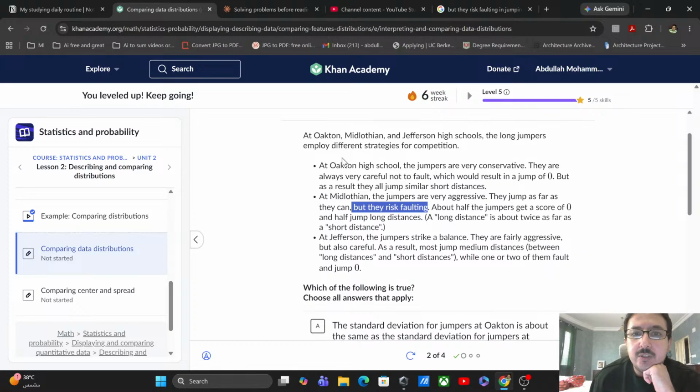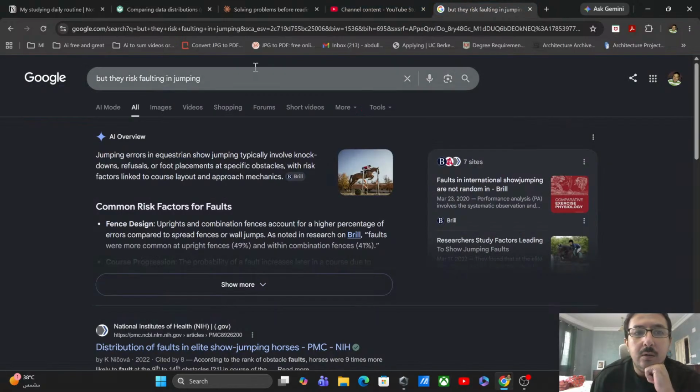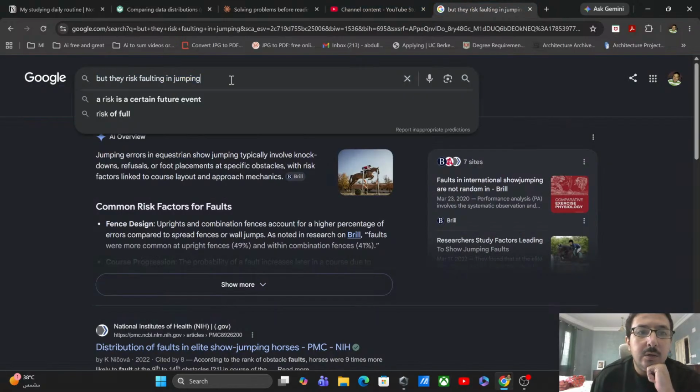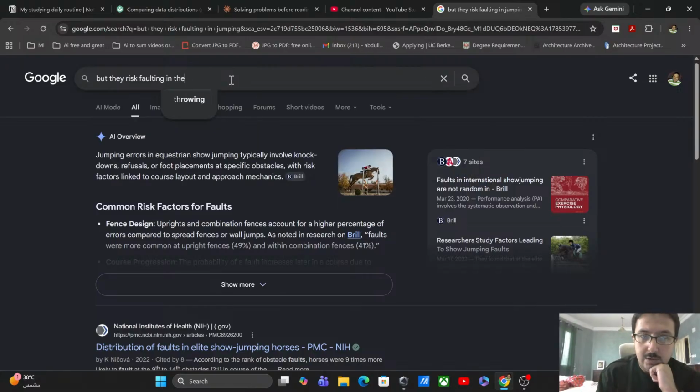The long jumpers employ different strategies for competition.